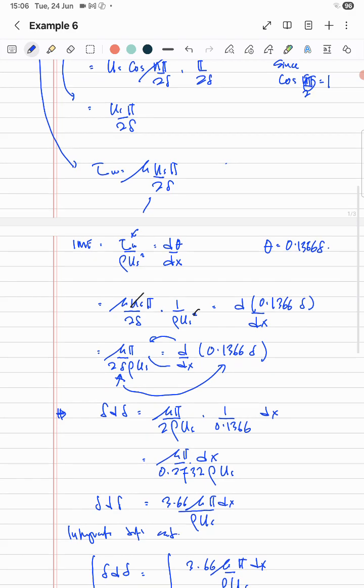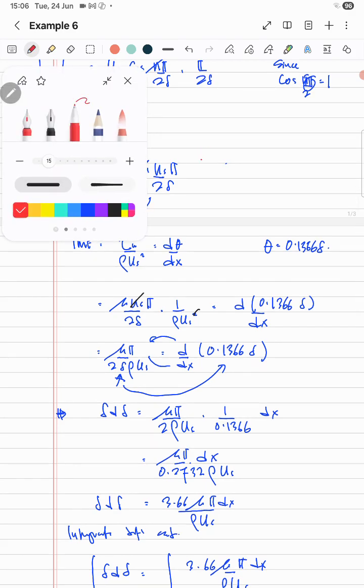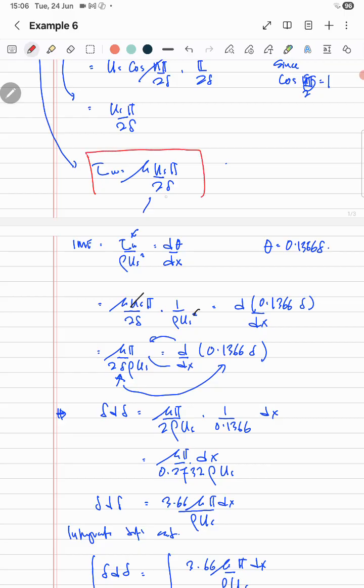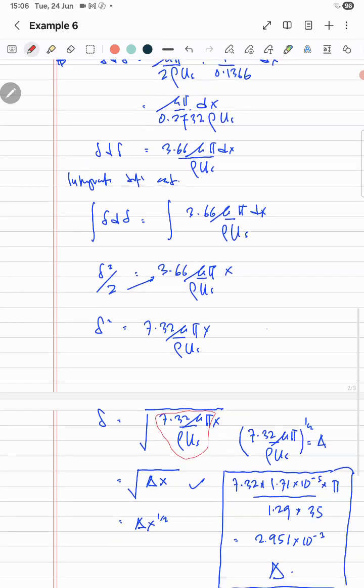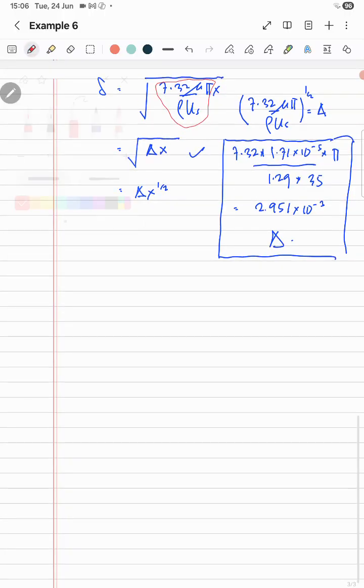Right now we already got this value of delta, so we substitute into that equation. So again I write here shear wall equal to mu us pi over 2 delta, where delta we already got as this one.